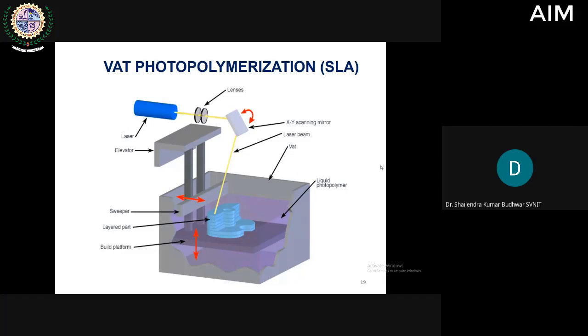Thereafter, in 1986, Charles Hull, who was the co-founder of 3D Systems in USA, launched a machine called stereolithography based on this principle of photopolymerization. This stereolithography or SLA is an additive manufacturing process which employs a vat of liquid ultraviolet curable photopolymer resin and an ultraviolet laser to build parts layer by layer.